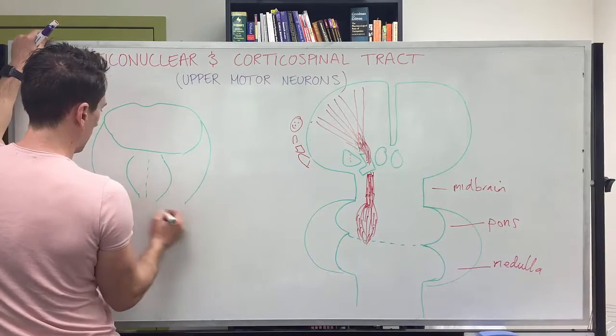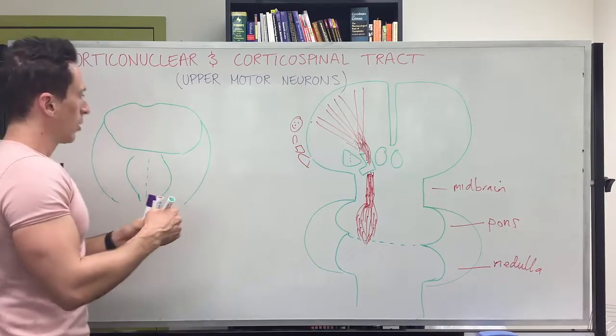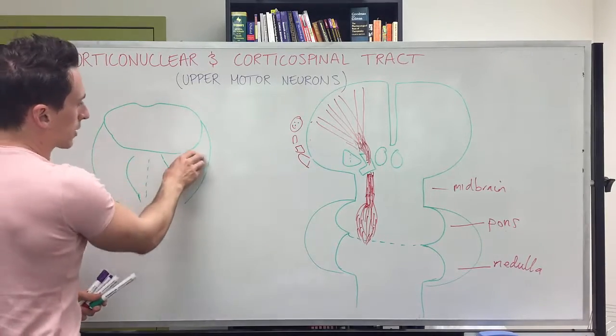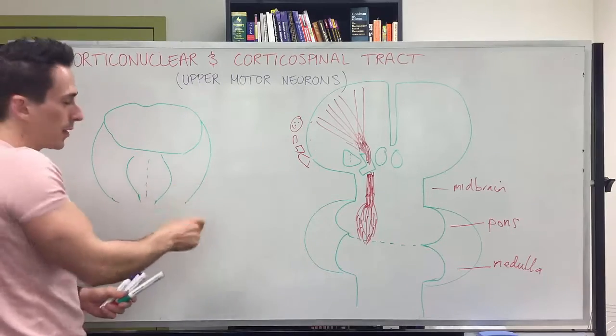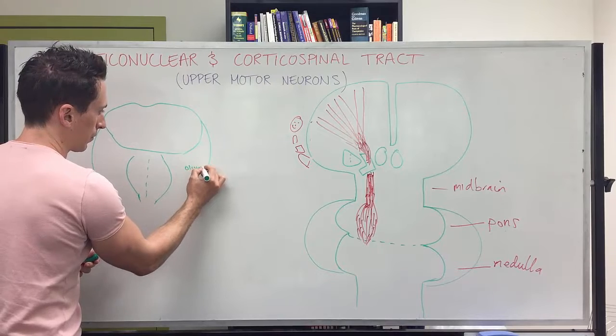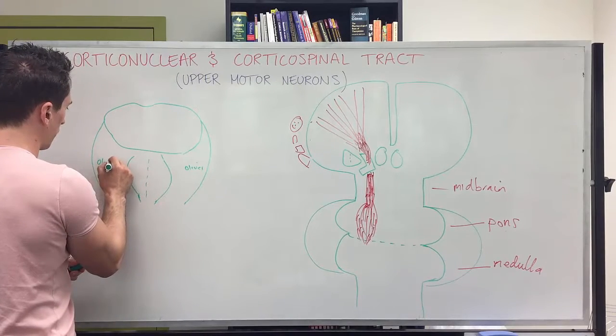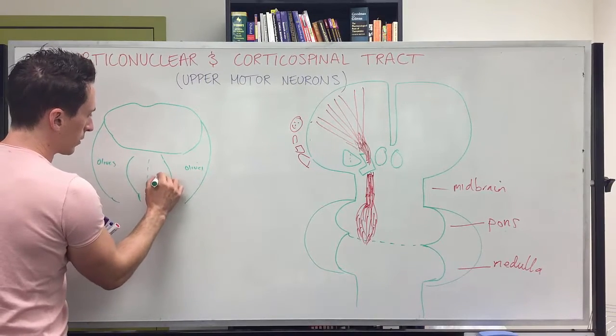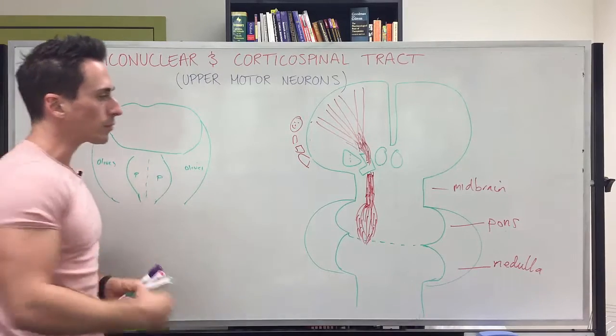Okay. When we look at the medulla cross section, there's a couple of bulges that come out. Okay, these two bulges either side are called the olives, and these are called the pyramids. I'll just put P for pyramids.